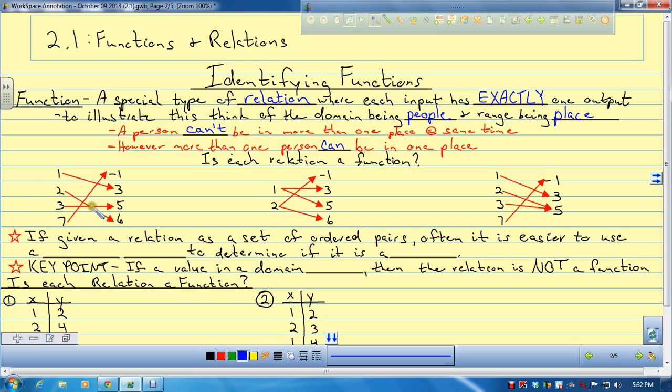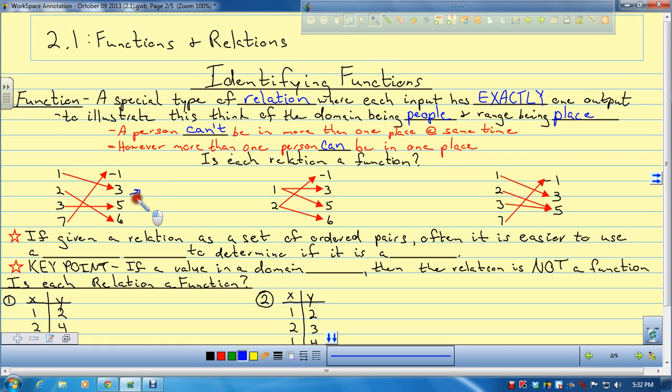Let's look at these three examples of mapping diagrams. Does each input value have exactly one output value? Does that just have one? Does that just have one? Yes, it does.